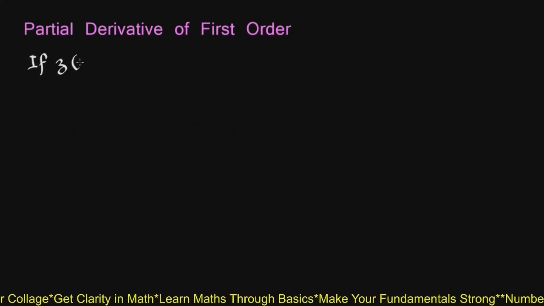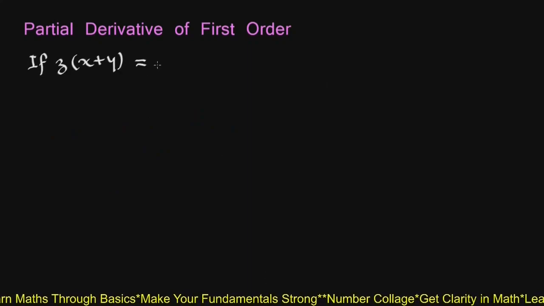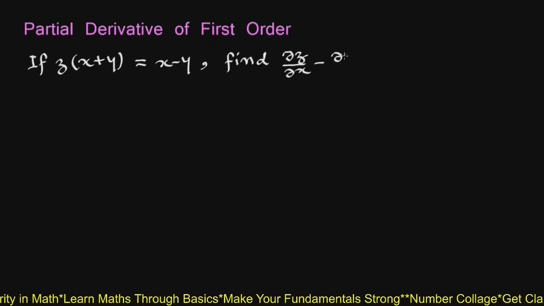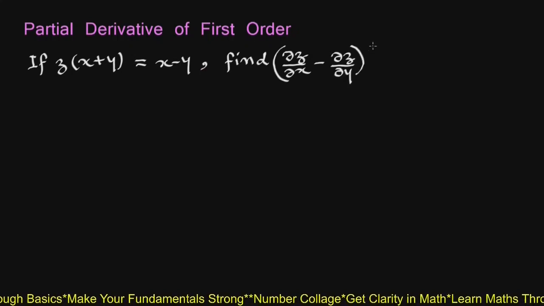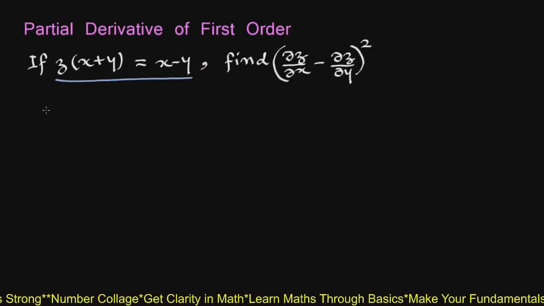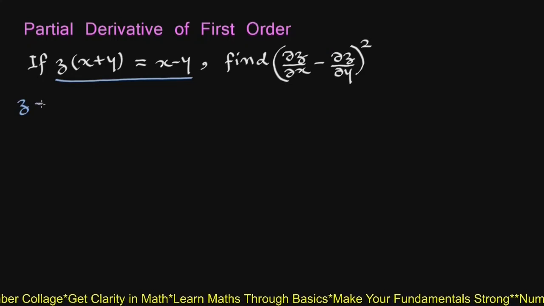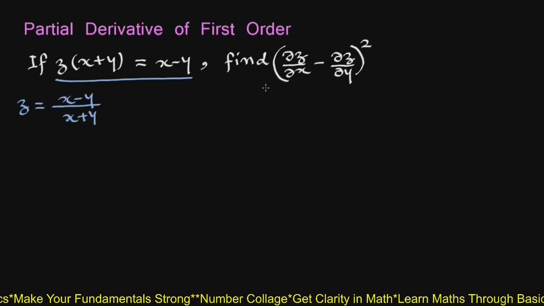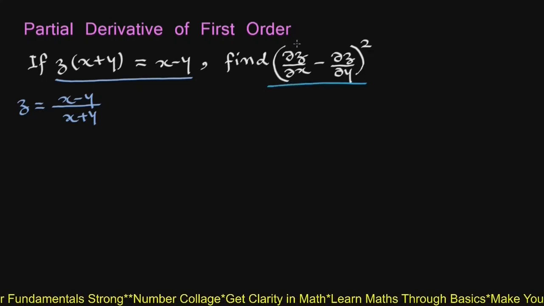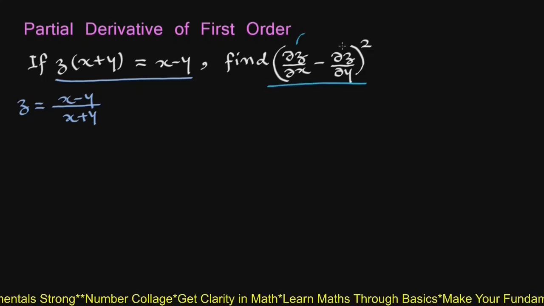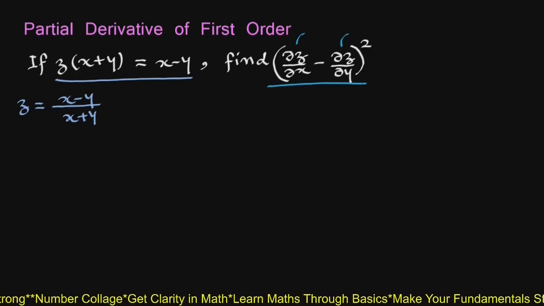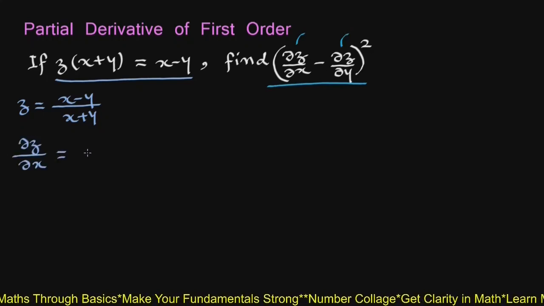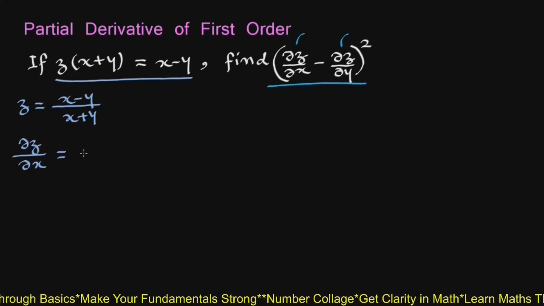If z into (x plus y) equals x minus y, we have to find (∂z/∂x minus ∂z/∂y) whole square. From this given statement, we get z equals (x minus y) upon (x plus y). For finding the value of this, we need ∂z/∂x and ∂z/∂y. So first let us find ∂z/∂x, for which we have to use the quotient rule of differentiation.